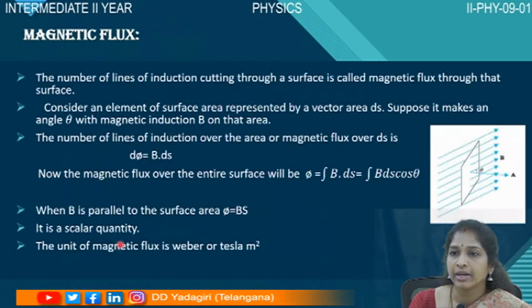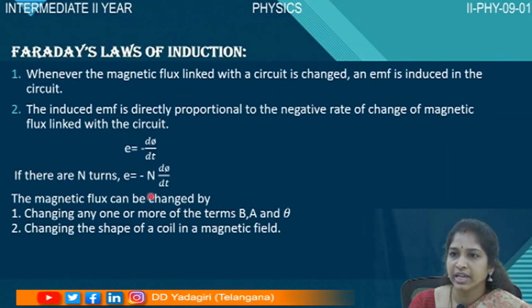But in this equation, we are not simply writing E equals d phi by dt. It is equal to minus d phi by dt. This negative sign indicates the direction of EMF. So what is the direction of that induced EMF?